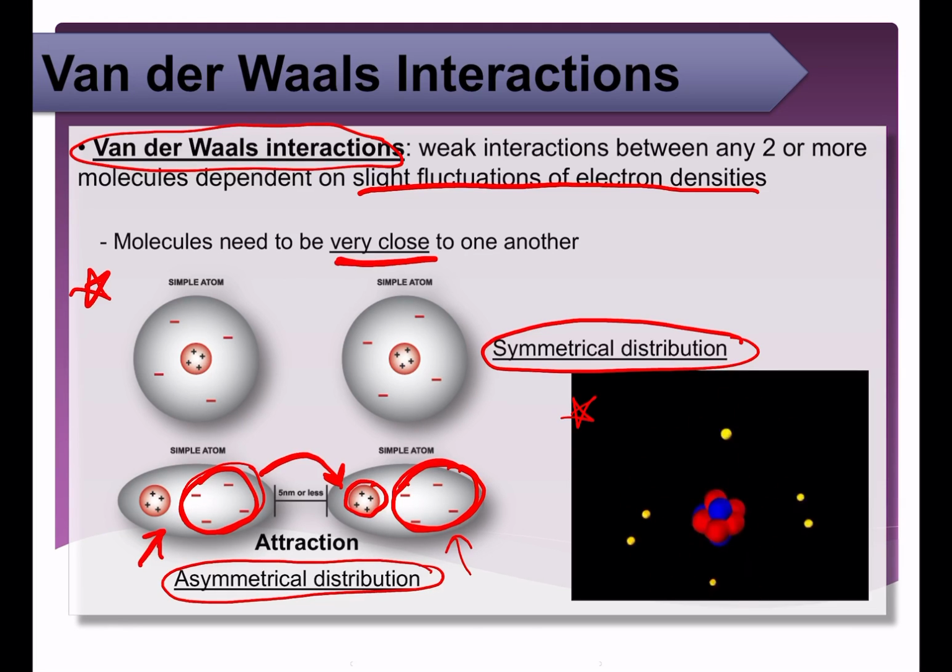Okay, so this slight moment in time where the electron density is on one side of the atom can potentially interact with some sort of attraction to the other atom's positively charged nucleus. This only happens when we're talking of that slight asymmetrical distribution of electron clouds, and that's why this is the weakest of the four, because it's just based on that one moment in time where the electron distribution is unequal, in that non-spherical conformation.